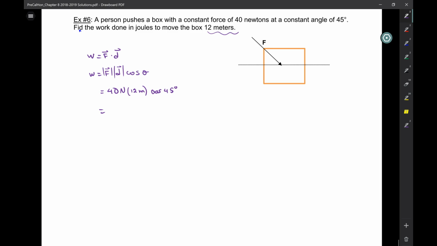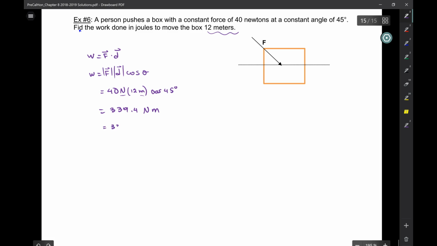So what is this? Well, I'm going to put it in the calculator and I'm going to get 339.4 newton meters. Why newton meters? Because it was 40 newtons times meters, and 1 newton meter is a joule.